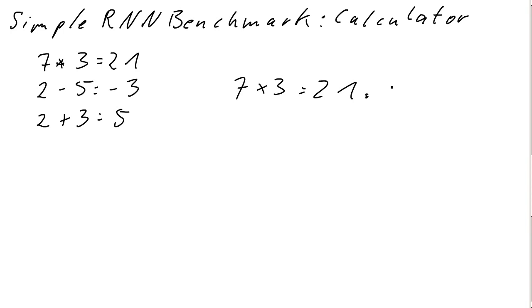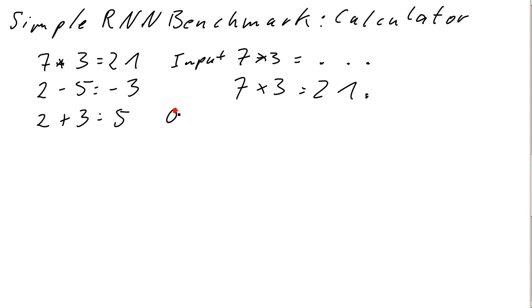And we think about what is the input and what is the output. The input is, in our case, 7 multiply 3 equal. And then we give an input like: give me something, I don't know, I am waiting. And this is the same as a dot.